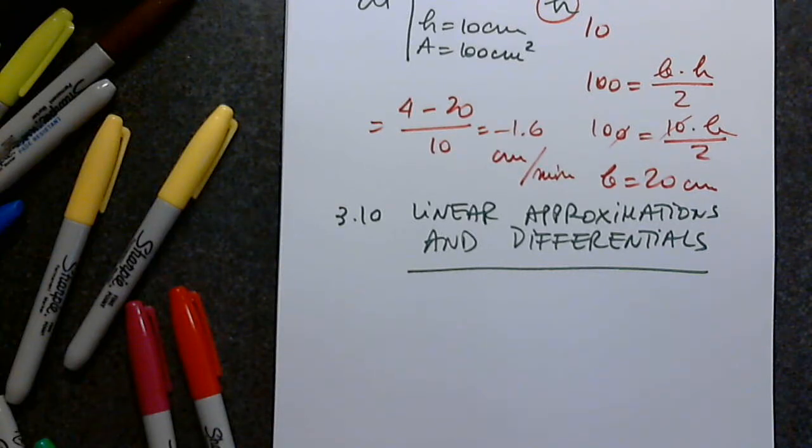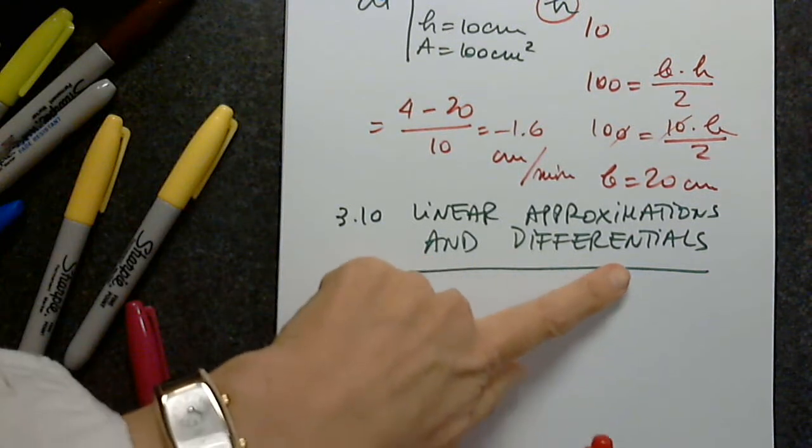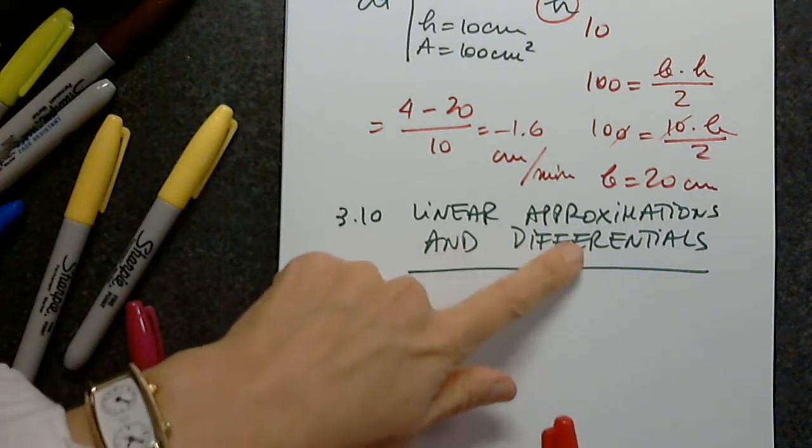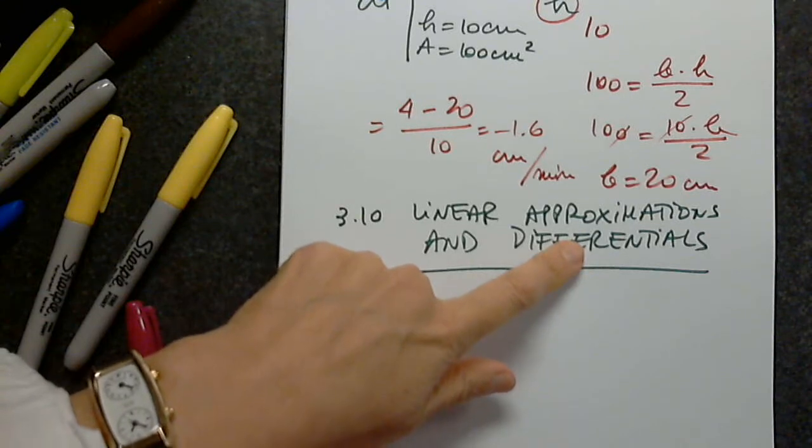That slope of the tangent is still valid. If I go up here, it's not going to be. But 200 and 201 or 200 and 199, it's okay, right? The slope will give us the rate of change when we change x a little bit at that point. So this is the concept of differentials and linear approximations.